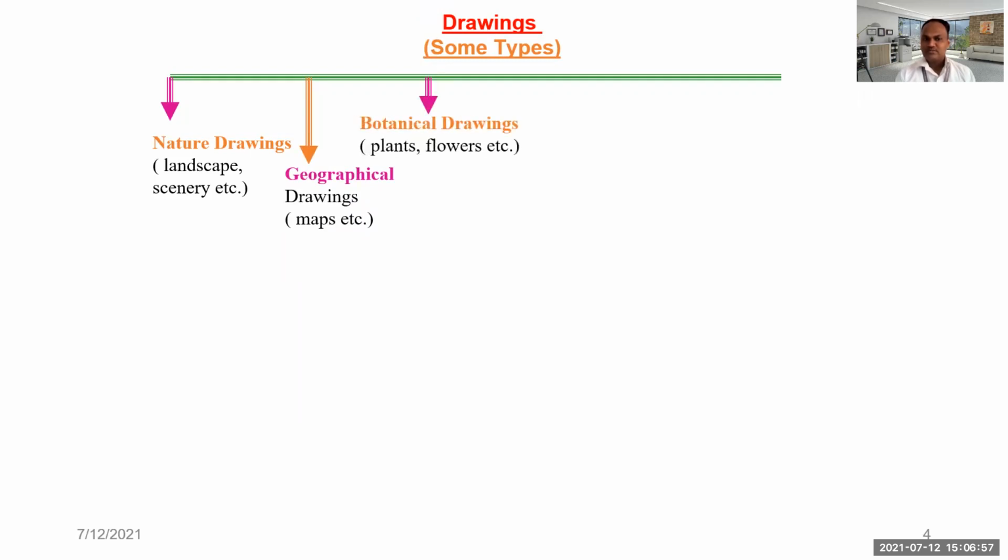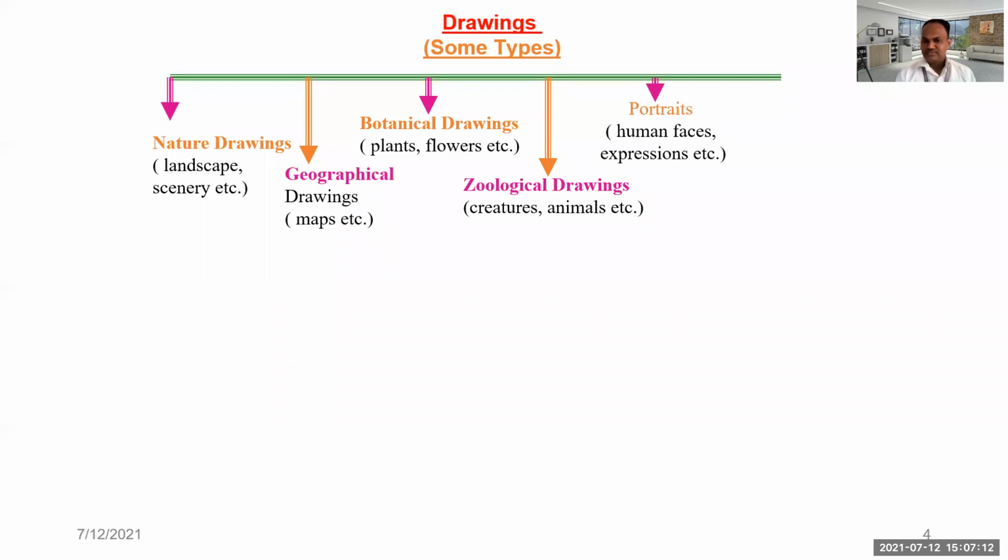Third, that is botanical drawings. You might have drawn plants and flowers. Zoological drawings, creatures and animals you have drawn. Portraits, human faces, expressions you have drawn or you have seen drawing.